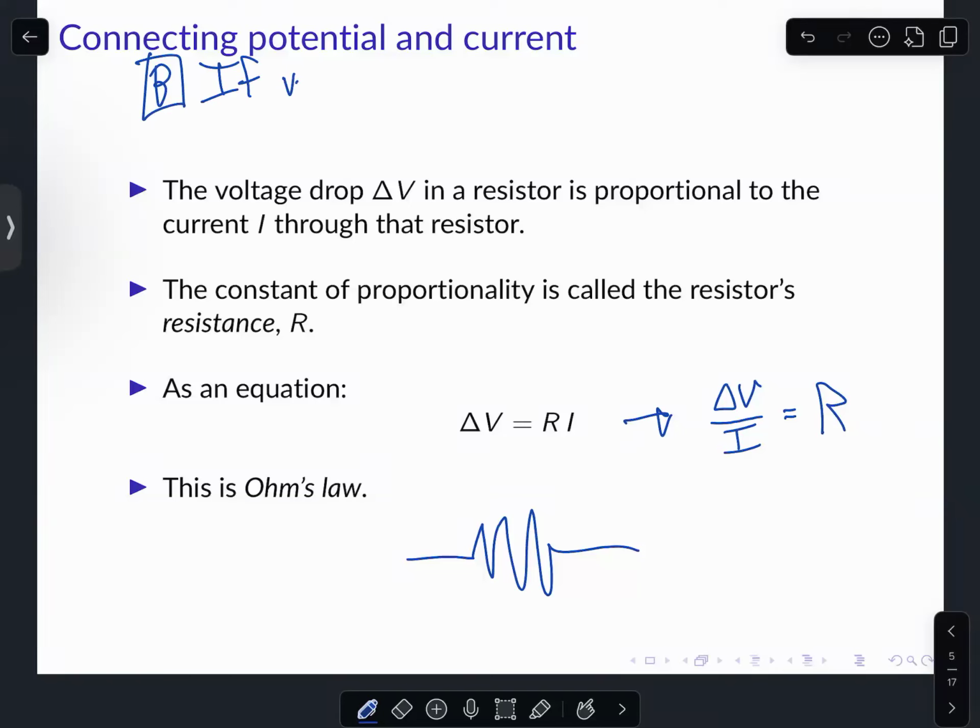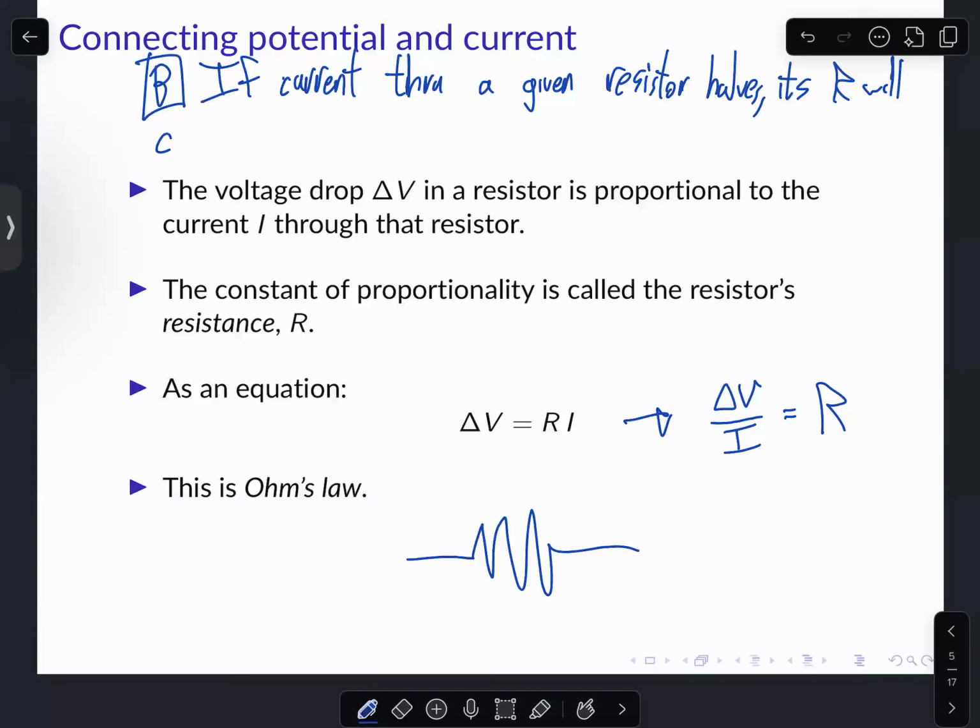Did I say current? I said current. If current through a given resistor halves, its change in voltage will.